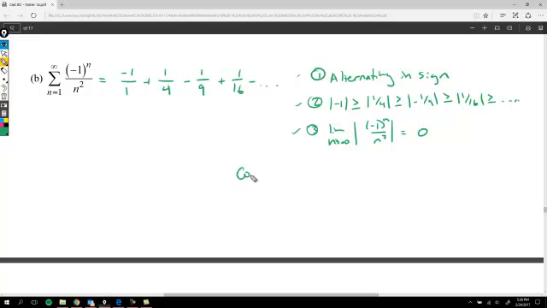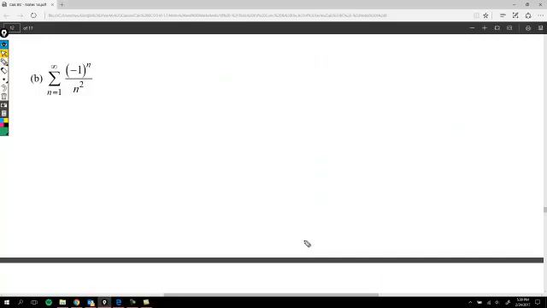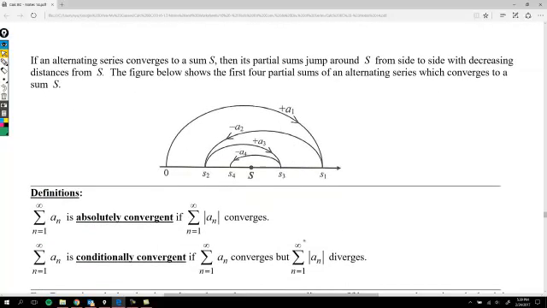I can say that this is convergent by the alternating series test. So for the alternating series test, you have these three things that you have to check, and you have to check all three of them and show them explicitly. All right, let's keep going.